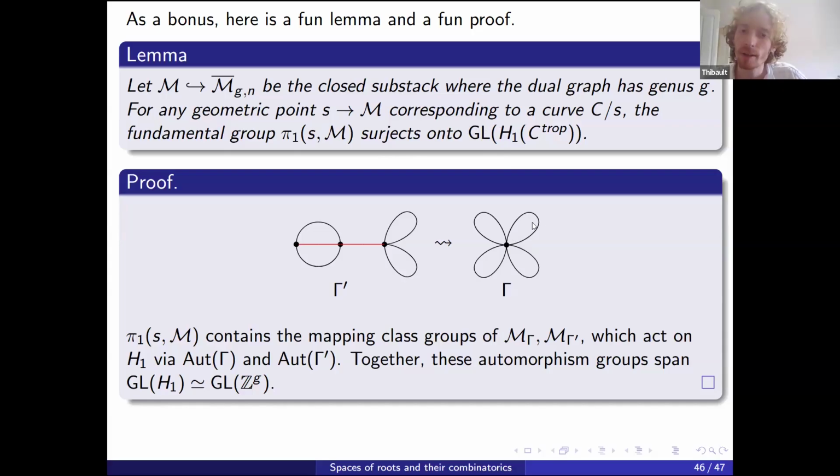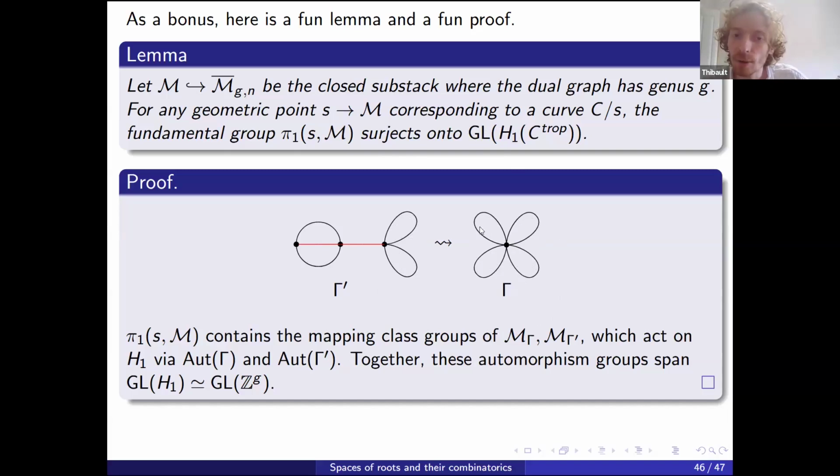Well, if you look at the basis of homology consisting of these loops that you can directly see here, you get the same basis on this side by looking at all the g-2 loops here and these two cycles, which pass through the red edge.